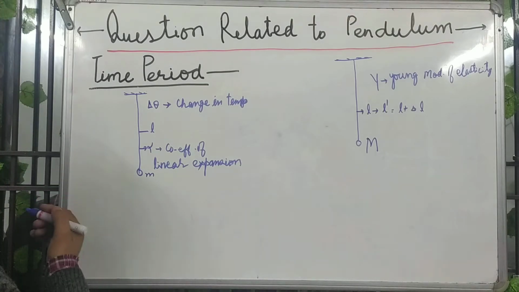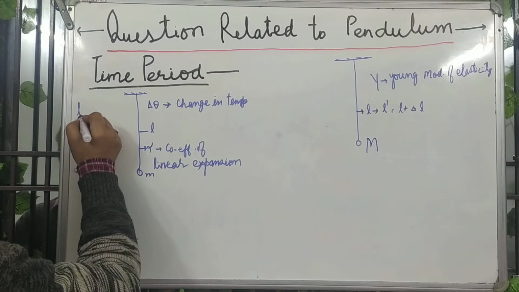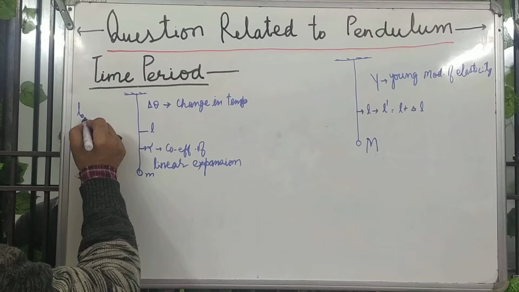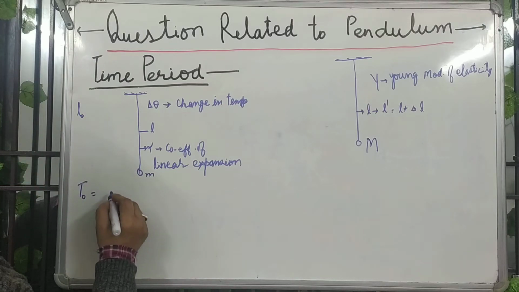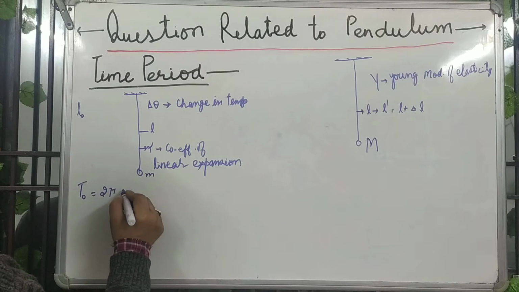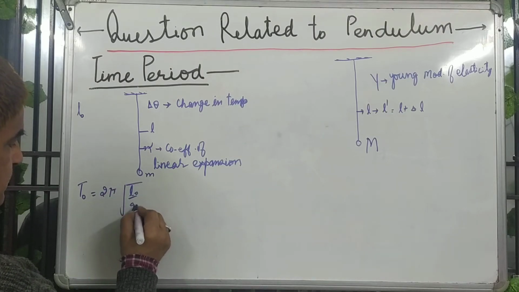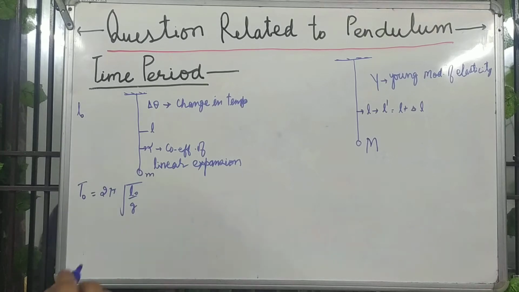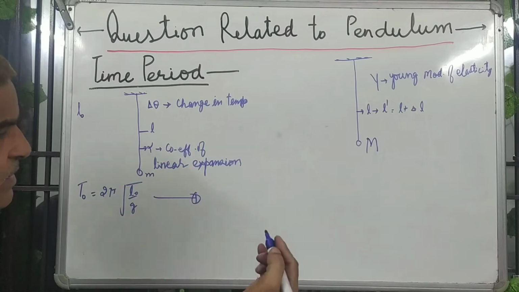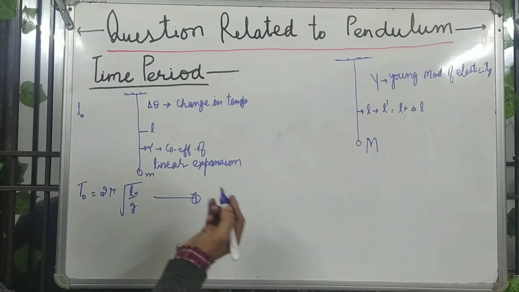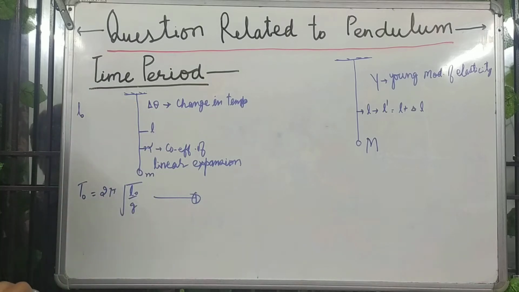Initially the length is L naught, so time period T naught equals 2 pi root L naught upon g. This is equation number 1. In the second case, with increase in temperature, the change in temperature is delta theta.